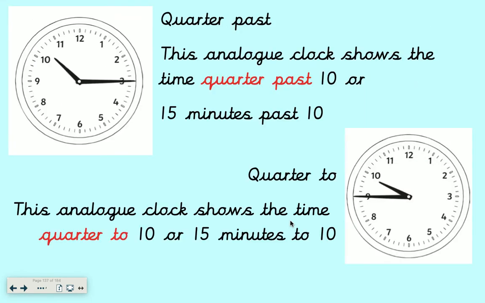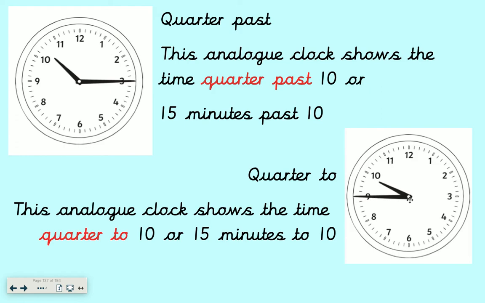Brilliant. Let's move on to quarter past and quarter to then. So at the 3, that signifies quarter past or 15 minutes past. This clock here shows us quarter past 10 because the long hand is at quarter past and it's just past the 10, so it signifies quarter past 10. Okay? Then, as I said, when we get to the 6, it shows half past, and 7, 8, 9, 10, 11 all show 'to'.